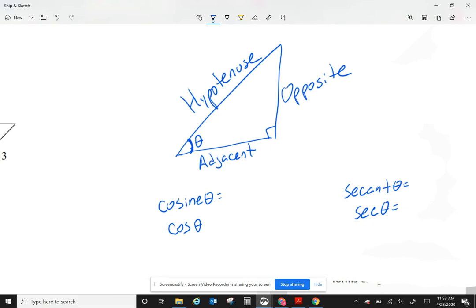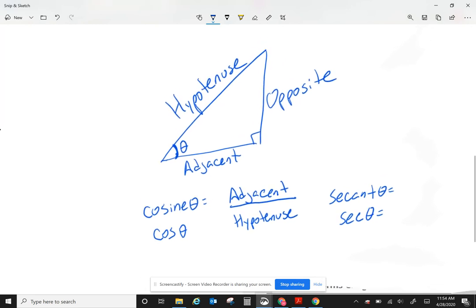Now, cosine has a fraction, it has a ratio. The fraction we're going to use is called adjacent over hypotenuse. That's the cosine of theta, adjacent over hypotenuse. Secant is the reciprocal.